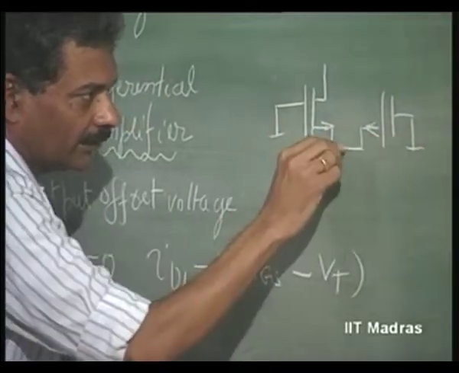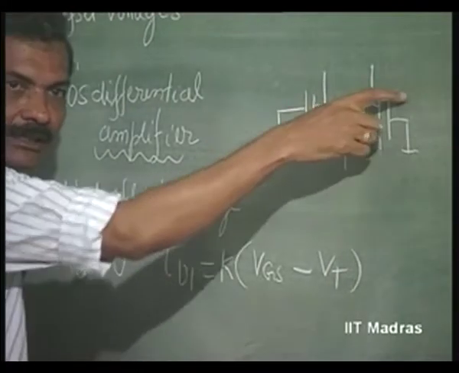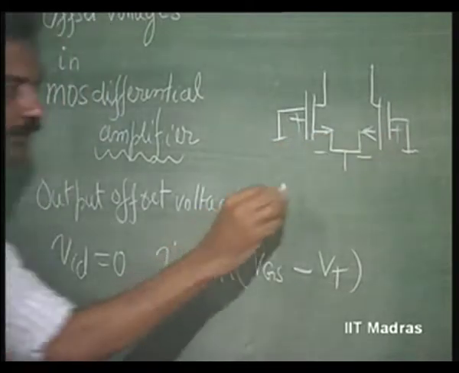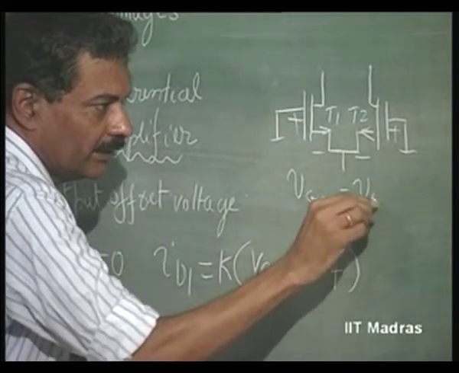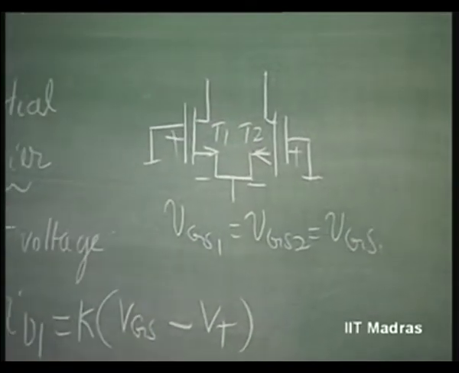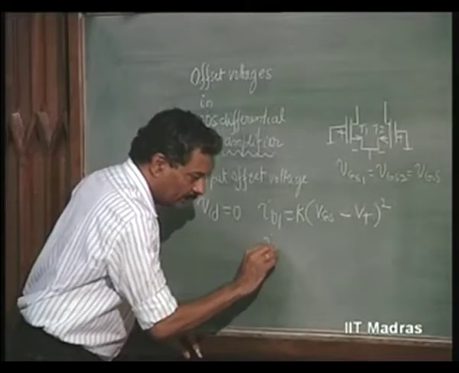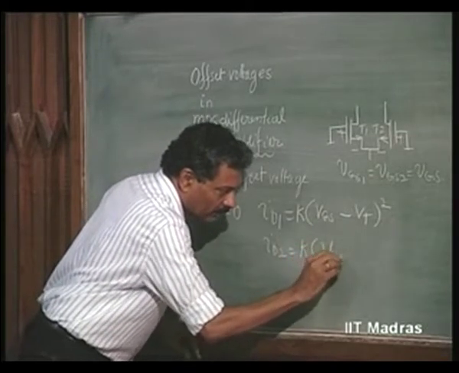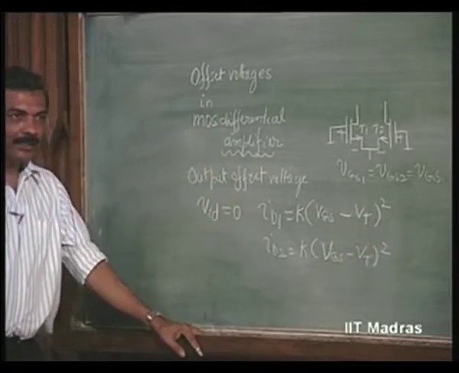So, VGS will be the same for both, VGS1 is equal to VGS2 is equal to VGS under this situation. So, this is K times VGS minus VT whole squared. ID2 is also K times VGS minus VT whole squared, but they are not identical.